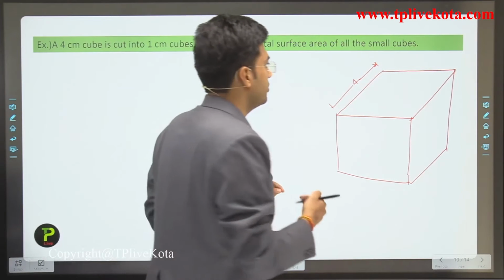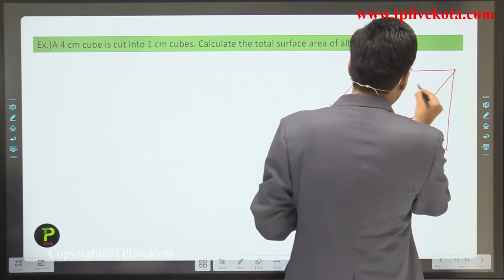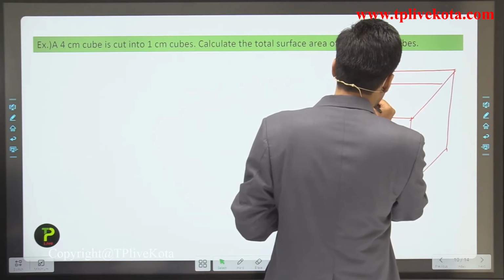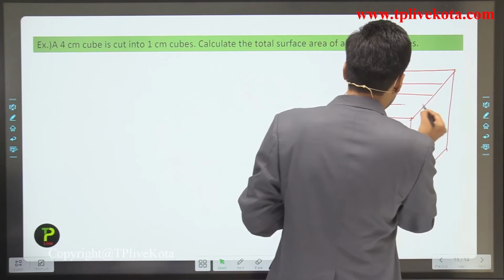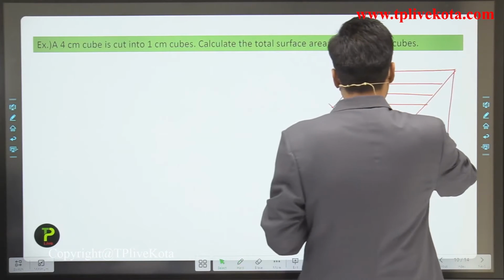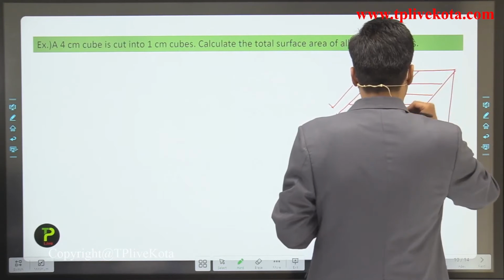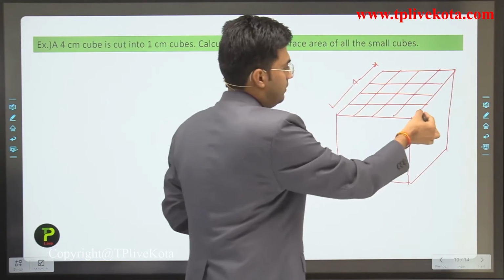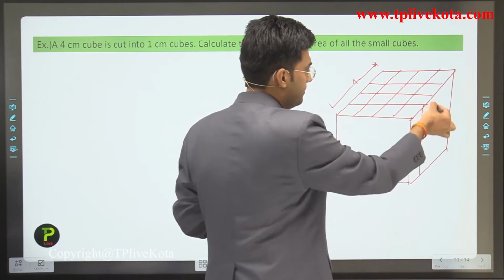Okay, so when we divide the 4 centimeter cube into small cubes of 1 centimeter, we divide it like this.